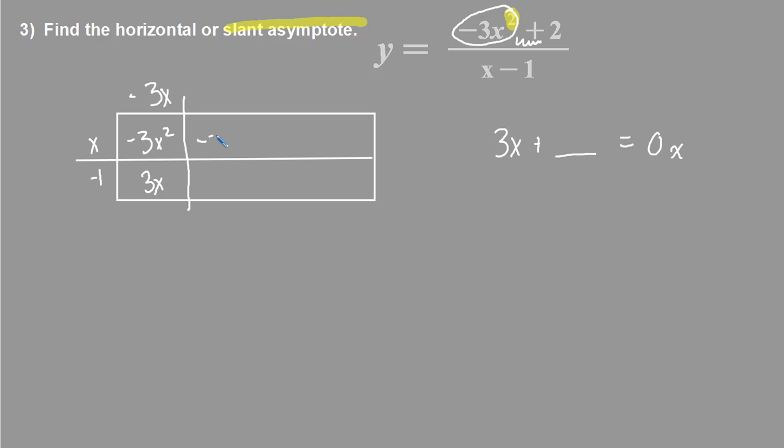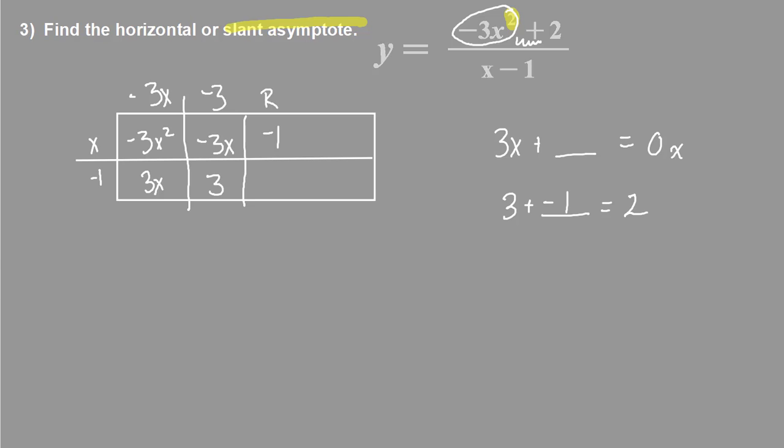So that means I need to have negative 3x. Negative 3x divided by x gives me negative 3. Negative 3 times negative 1 gives me a positive 3. 3 plus what equals 2? So that'd be a negative 1. And so my remainder is negative 1.